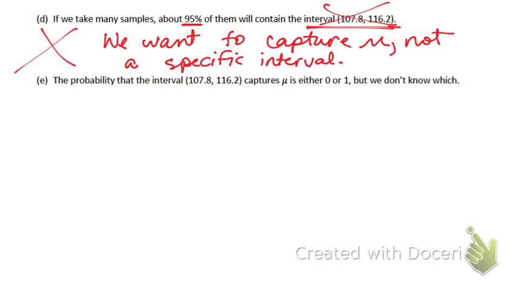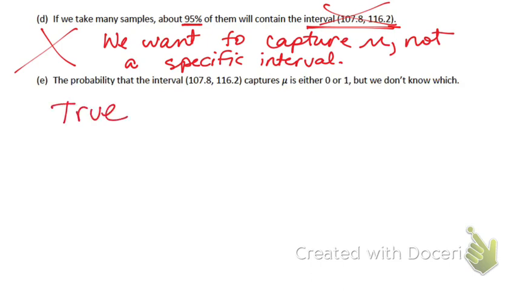The probability that this interval has captured mu is either 0 or 1, but we don't know which. Is that a true statement? Yes. This is absolutely true, ladies and gentlemen.